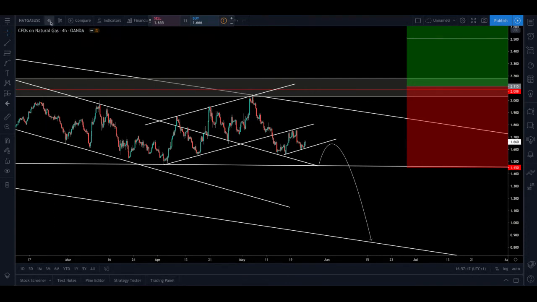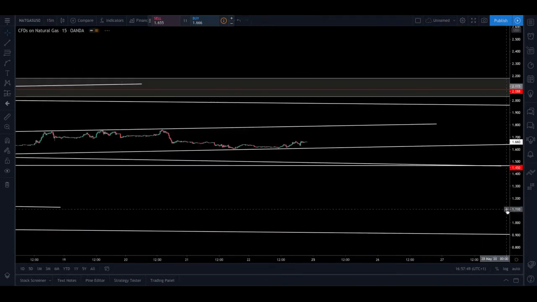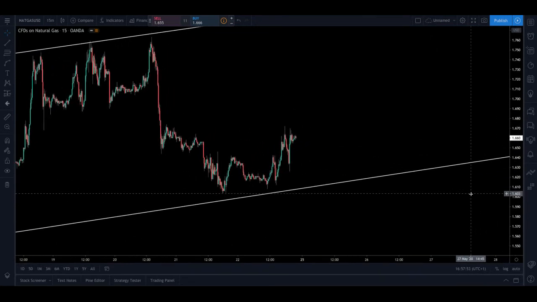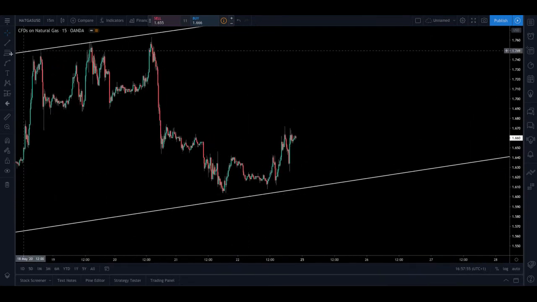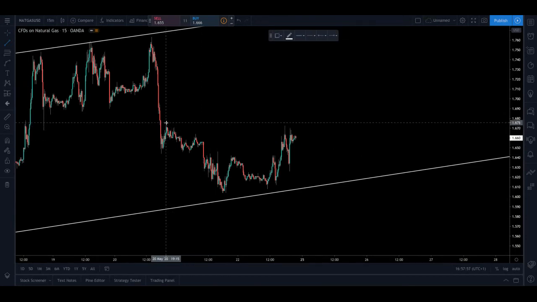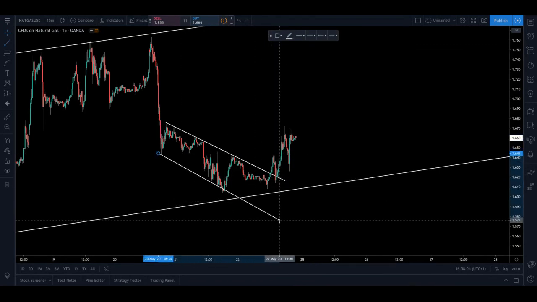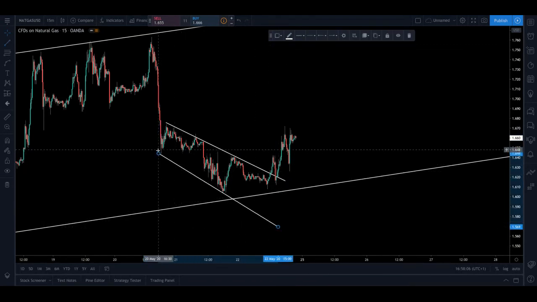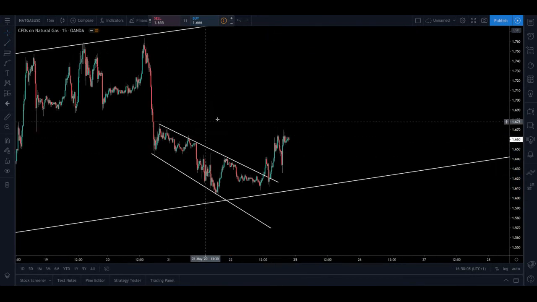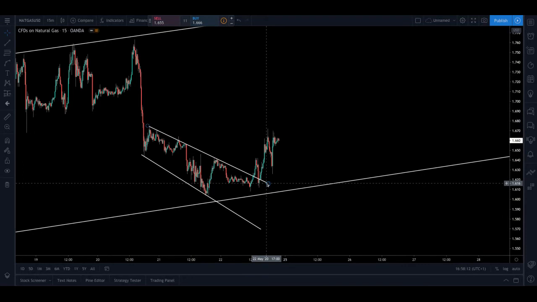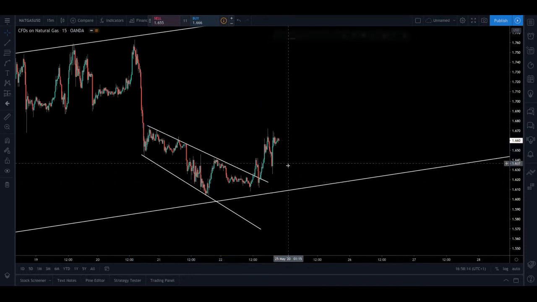Now if we want to go even lower to the 15-minute time frame, what can we see here? Not much. We can see here an expanding wedge pattern got broke and retested. So yeah, it's all about identifying key structures. You don't need to be a pro trader to do this.